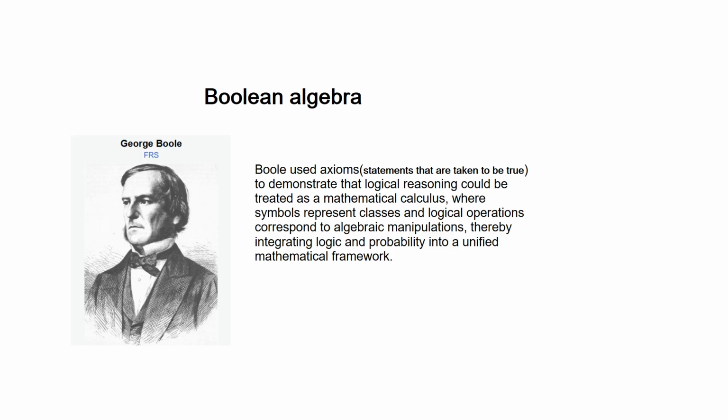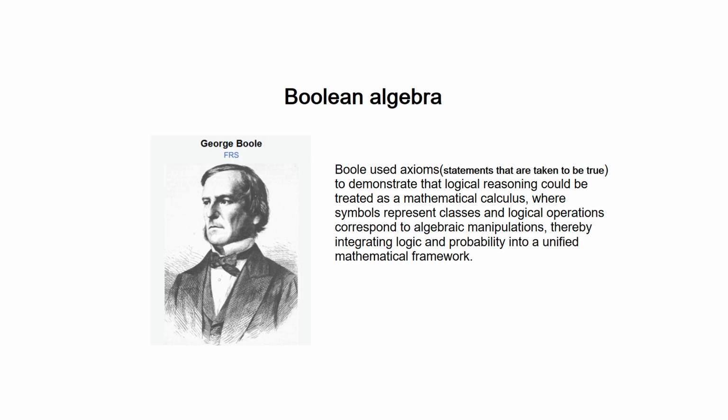So before that, we need to understand Boolean algebra, or rather just touch a bit on it. So we have Boolean algebra. It was invented by a guy called George Boole. So what is Boolean algebra? Okay, it says that Boole used axioms.